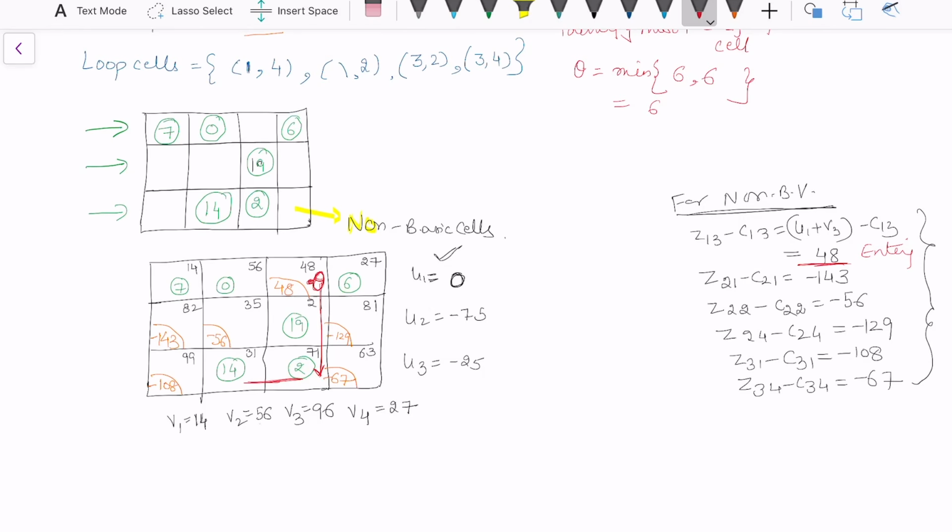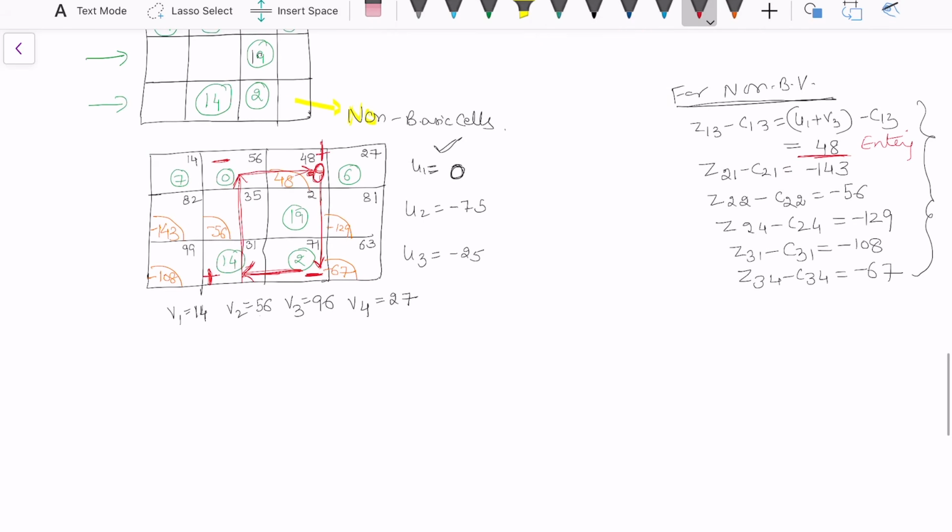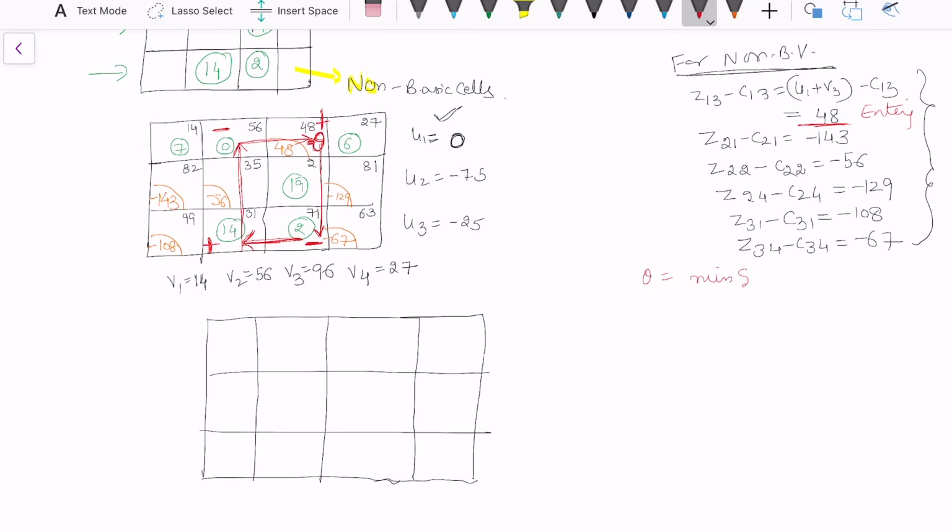Then I can move to this cell, and then we can come back to this cell. Because we have started from here, this is plus, so there is a negative here. Then we have a plus sign here, and we have a negative here. Once we allocate this, theta is the minimum of the negative signed allocations.